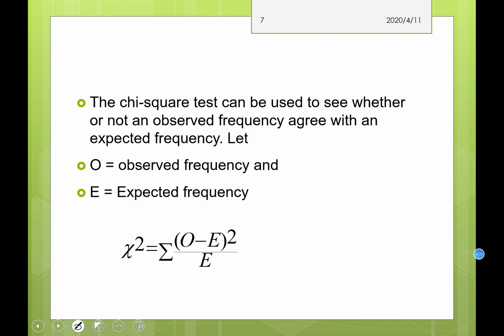So in the chi-square test, the general null hypothesis to be tested by an R times C contingency table is that there is no difference among the classification variables.